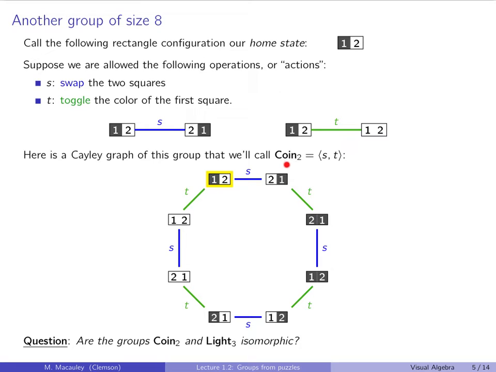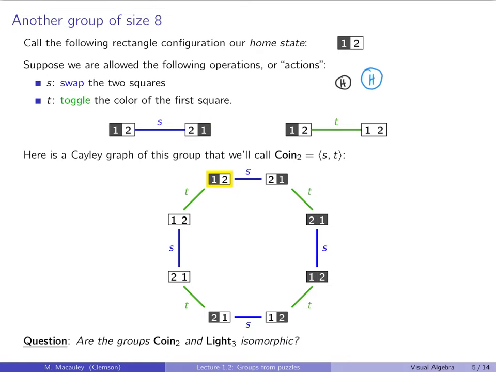The reason I'm using coin is because you can actually do this group as an activity in front of you, if you start with 2 different coins. I'm in the US, so I'll use a penny and a nickel, and I'll denote those with different sizes. This is heads, and this other one is heads.